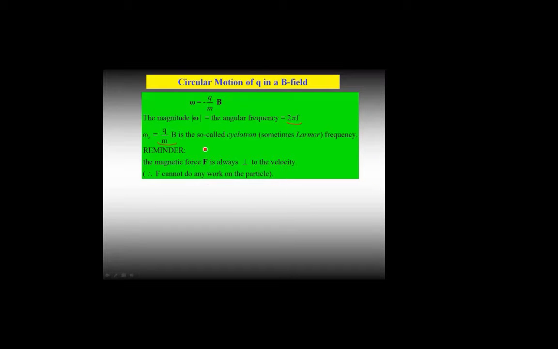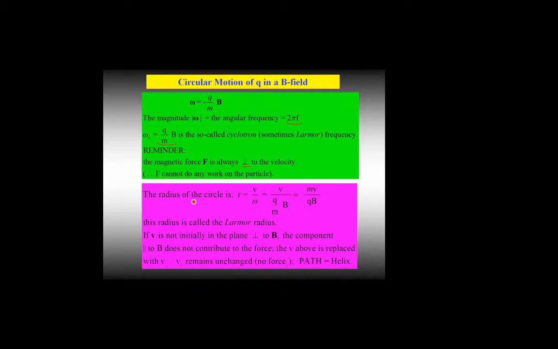And just to remember, the magnetic force F is always perpendicular to the velocity because of that cross product. So as we'll show in a little bit later in more detail, the force cannot do any work on the particle because it's always perpendicular to the velocity. The radius of the circle is given by r equals v over omega.